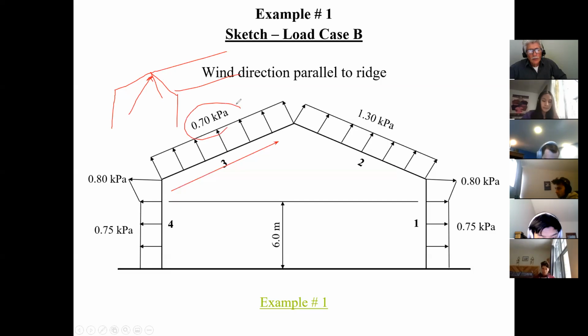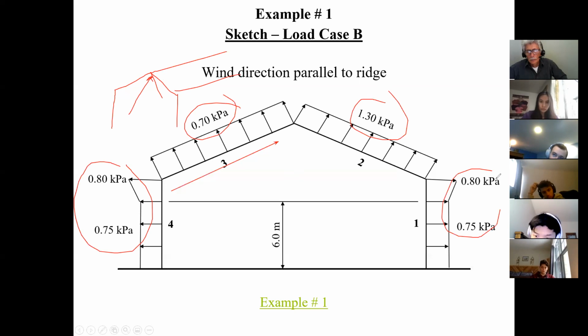Why is the value on one side of the roof different from the other side? Why aren't they the same? Why is it the same here, but not for the roof? Don't you find that interesting?